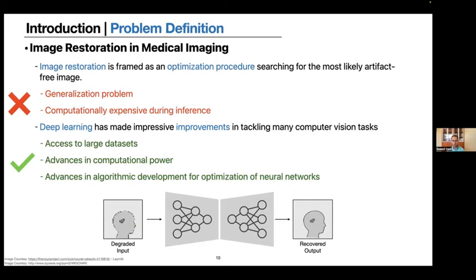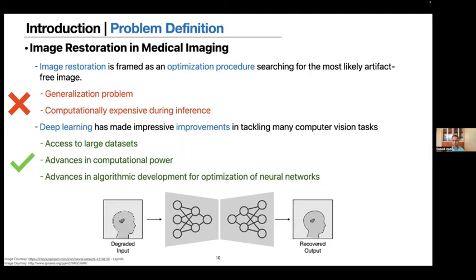The classic image restoration solutions based on image optimization procedures suffer from lack of generalization and expensive computational load at inference. On the other hand, we have witnessed significant improvements in deep learning for low-level vision tasks in recent years, thanks to access to large data, increased computational power of computers, and development of advanced neural network architectures and optimization procedures.